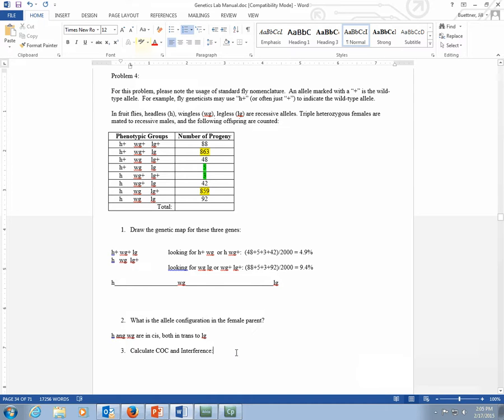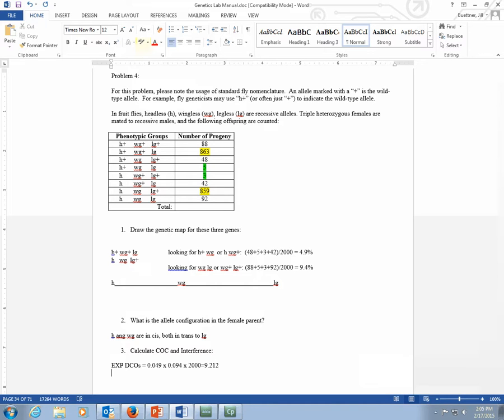Alright, CFC and interference. So we need to calculate expected DCOs. That's going to be the recombination frequency of segment 1 times the recombination frequency of segment 2 times the total. And that comes out to 9.212.